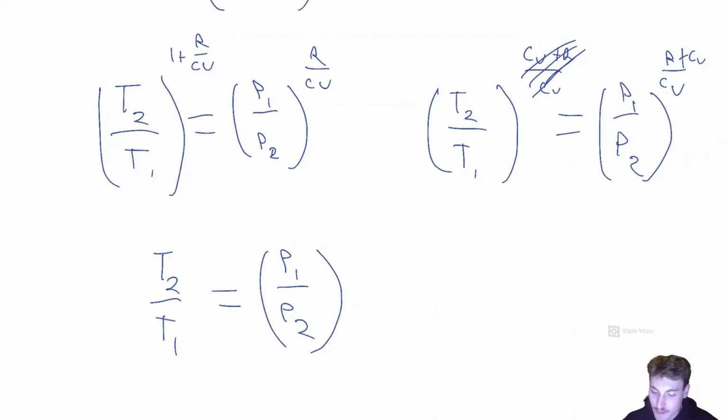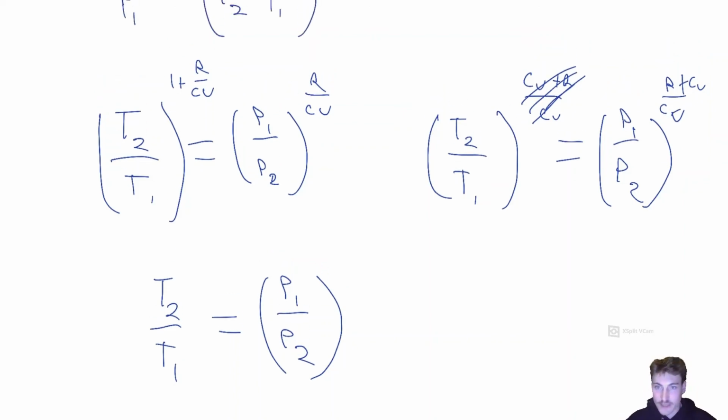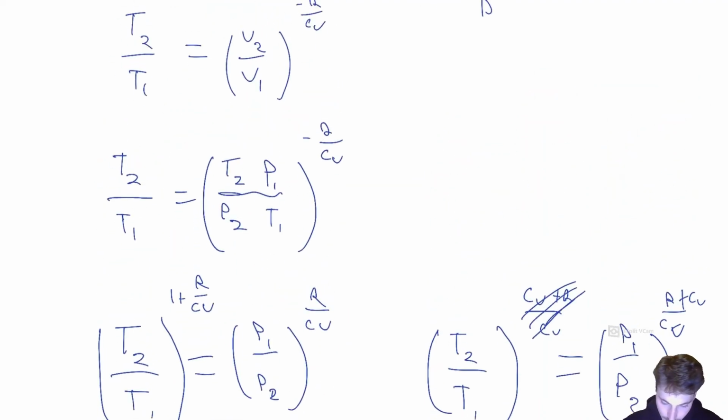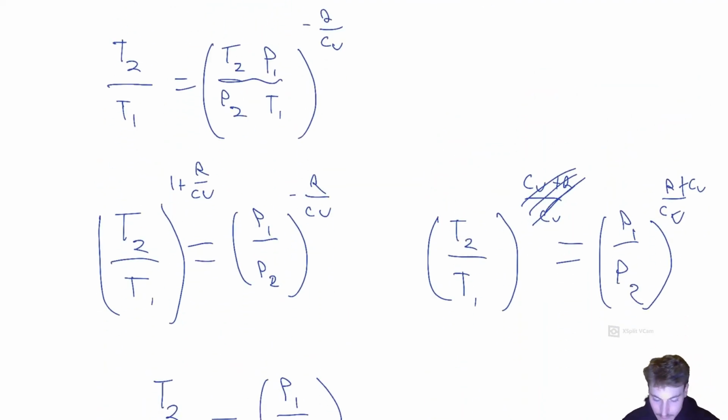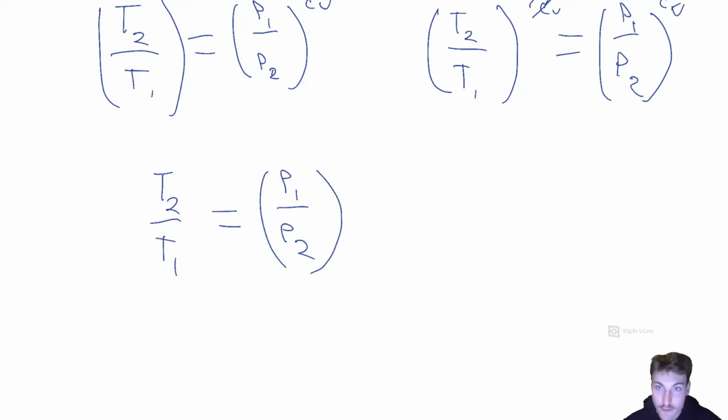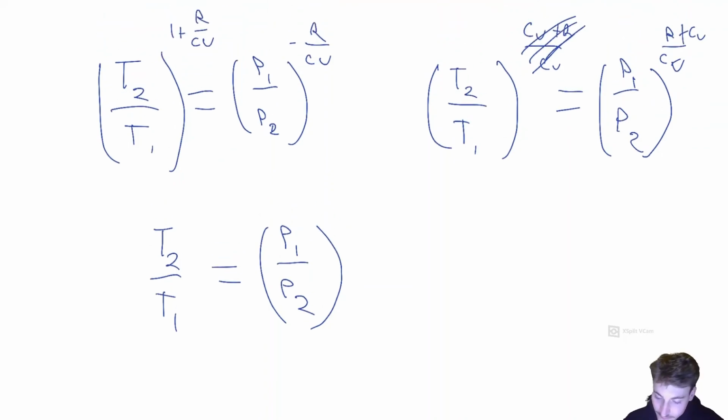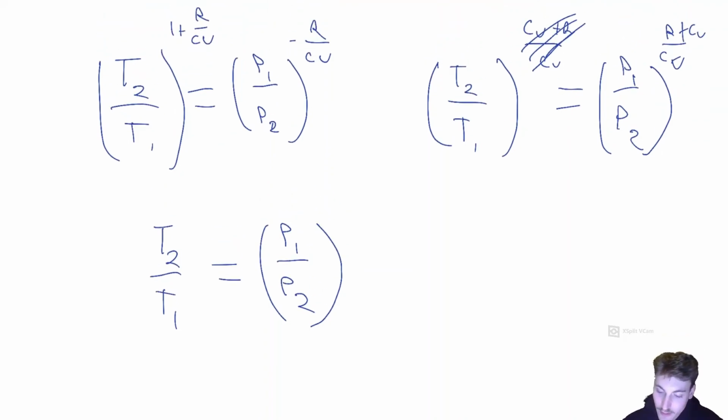And then those will just cancel out up there. Actually, I believe this is still negative. So then what we get is the exponents will multiply down, so it just becomes negative R over CV plus R.